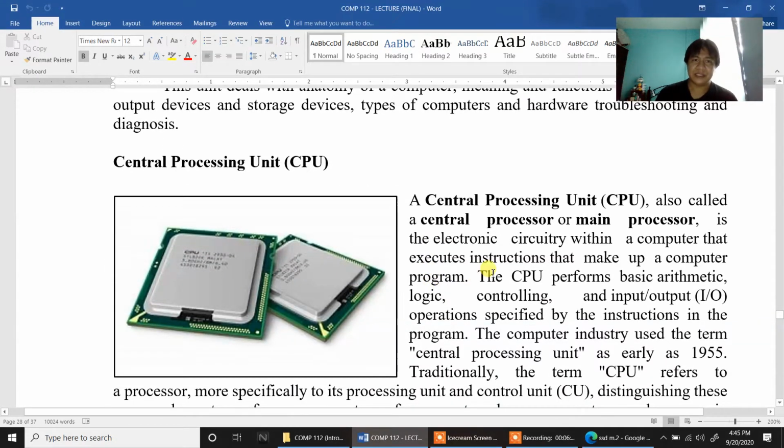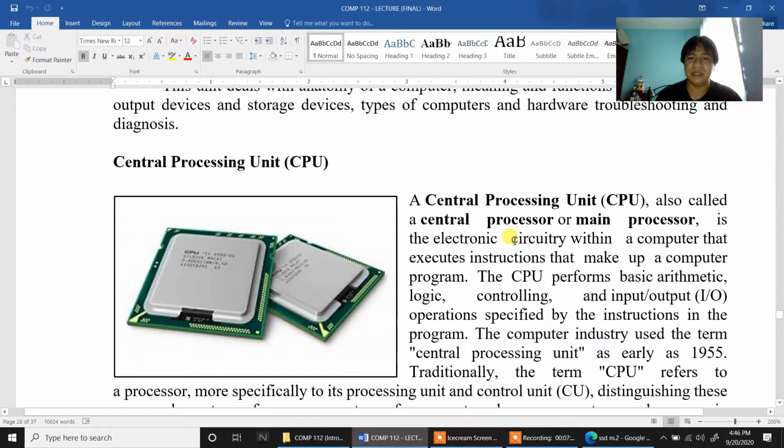So we will discuss the different components of the computer in order for you to understand the concept of it. The first thing is to know what a central processing unit or CPU is. There was a question last time, in your progress check, what's the difference between CPU and CPU unit?